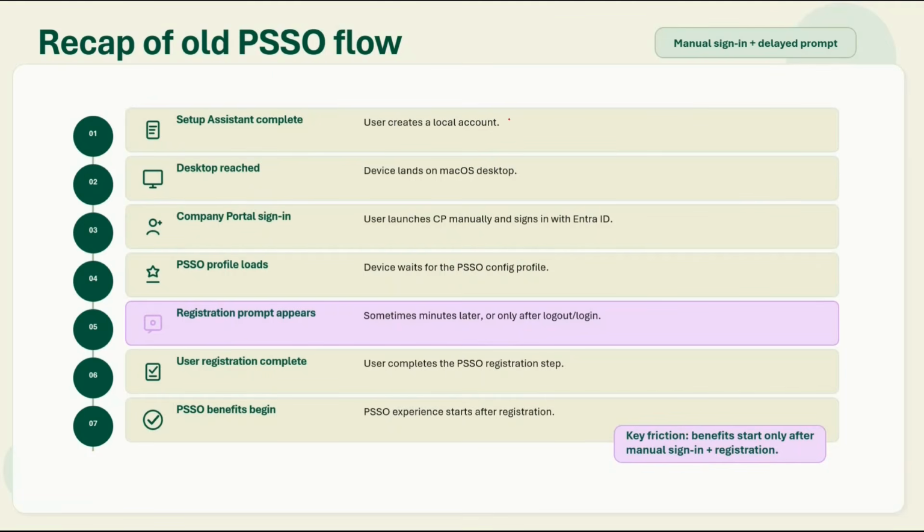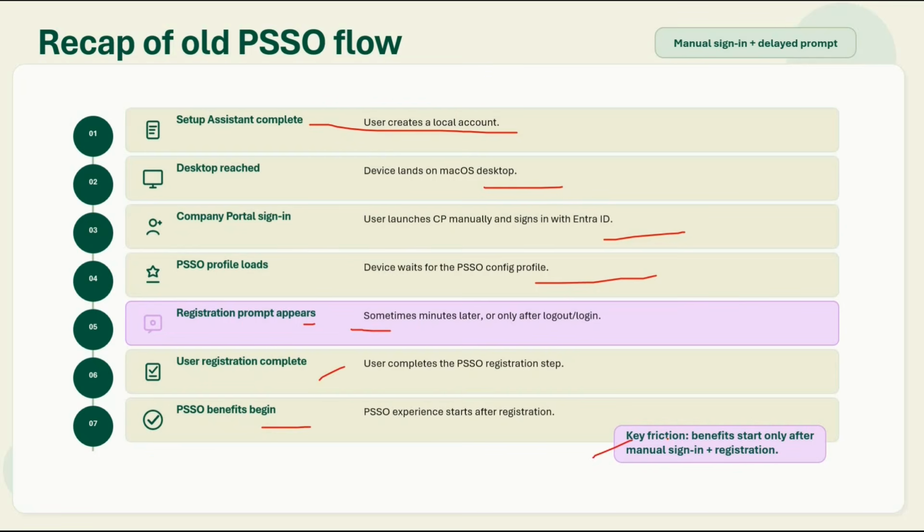Again, we have seen this multiple times. Earlier, if you're enrolling a device via ADE, then when you're going through the ADE flow, setup assistant will complete, the local account for the user is created. Now the device lands at the macOS desktop screen. The end user logs into the company portal after he launches it, if it's with user affinity, and after he has launched the company portal app, then after a few minutes or after some time, the device gets the PSSO configuration profile, and then he gets that registration prompt, and then the end user finishes the registration, and then he gets the benefit of PSSO.